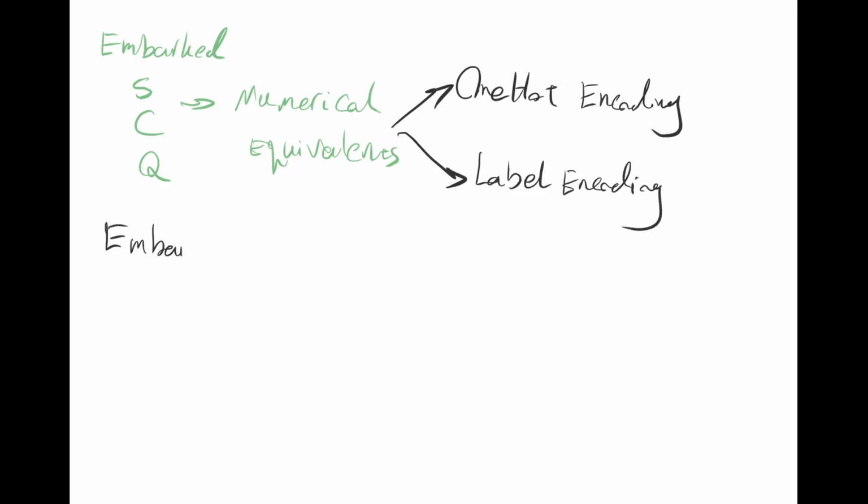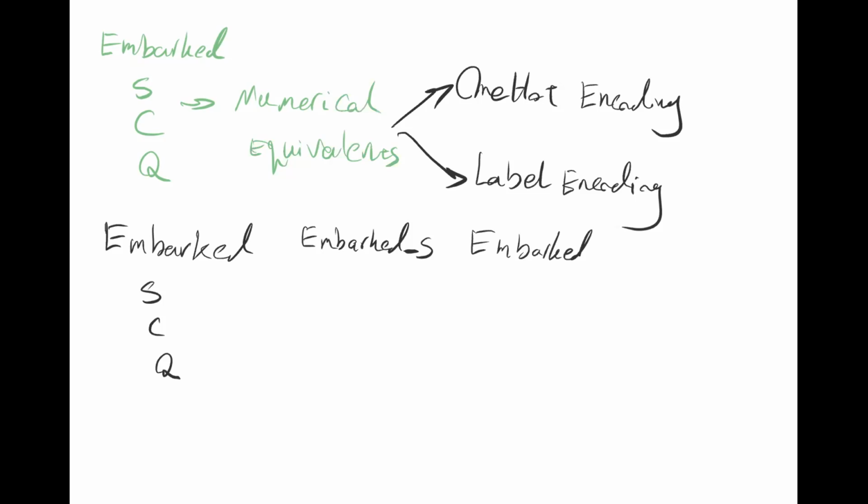Basically, I make dummy variables for each category. So embarked_S, embarked_C, and embarked_Q.